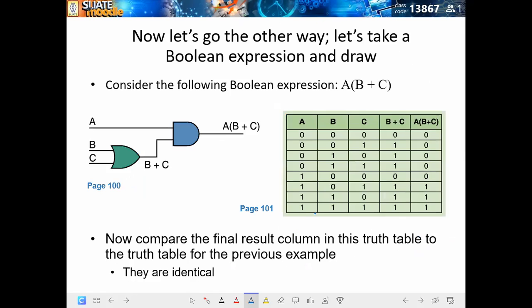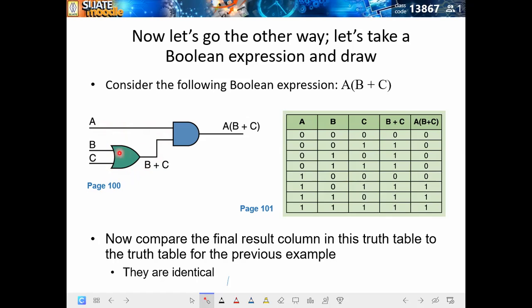Right. So this is another example. Just see this one. This AND gate has two inputs. One is A. The other input is the output of this OR gate.